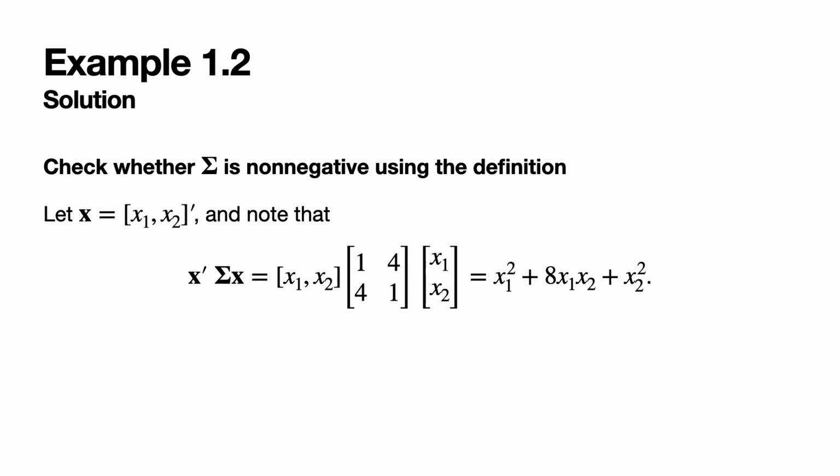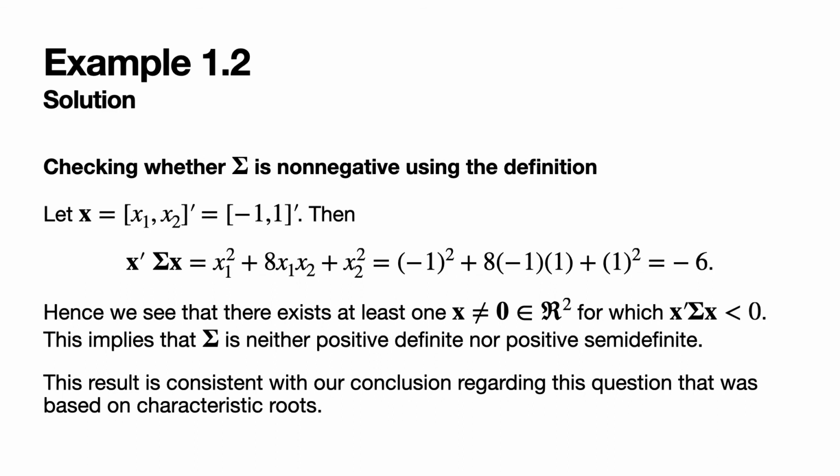That might be one of the first things we do, just to see if we can find a counterexample to the definition to conclude very quickly that the matrix is not non-negative. Well, suppose that we let x be the 2 by 1 vector containing negative 1 and positive 1. If x1 is negative 1 and x2 is equal to positive 1, then the value of this quadratic form is equal to negative 6.